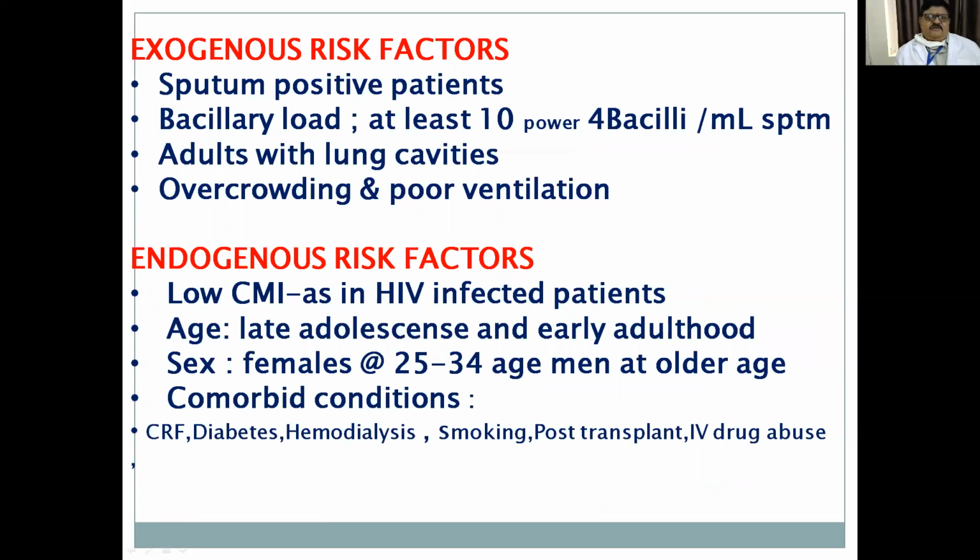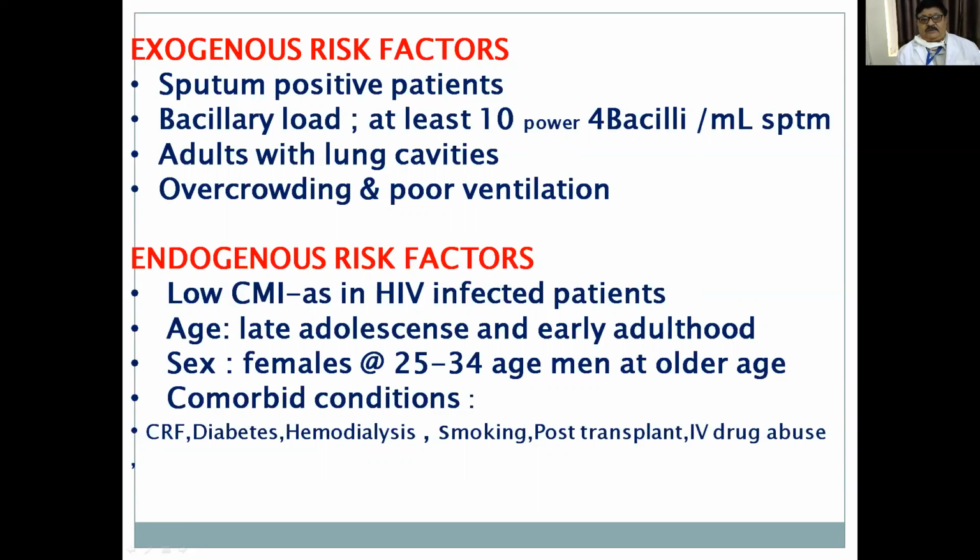So what are the risk factors? Exogenous risk factors: sputum positive patients. How do you know they're sputum positive? We do a DNA test, and if it is positive, there are 10 to the power of 4 bacilli per ml of sputum.